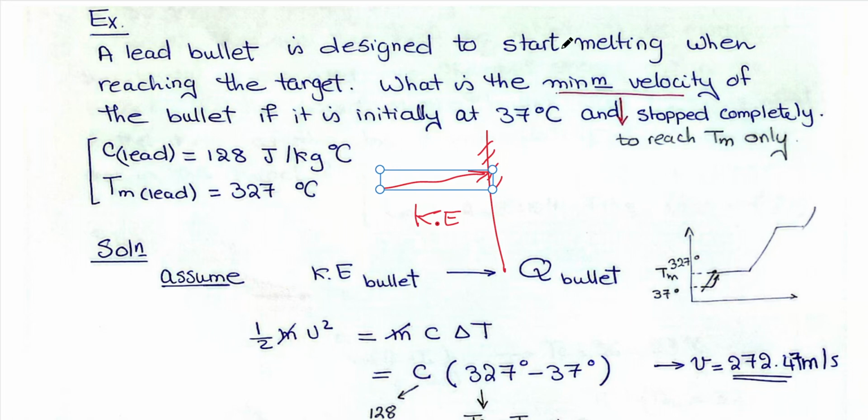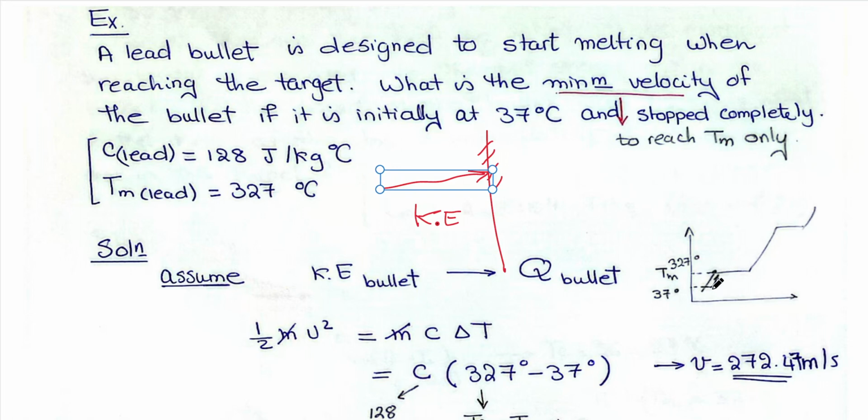This bullet is designed to start melting when reaching the target. If it will start melting when reaching the target, what is the minimum velocity the bullet will have to start melting when it is inside the target? If we examine the relation between T and Q, this bullet is initially at 37 degrees. It will reach the melting temperature, which is given as 327.